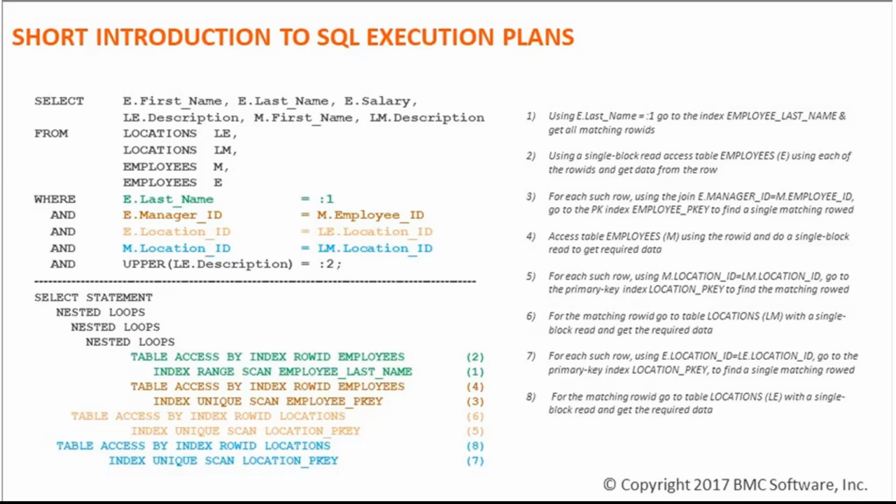That's how you read the execution plan. Loosely speaking, to make it short, in an explain plan in Oracle, the most highly indented operation is performed first, and if there are operations that are equally indented, it goes from top to bottom.